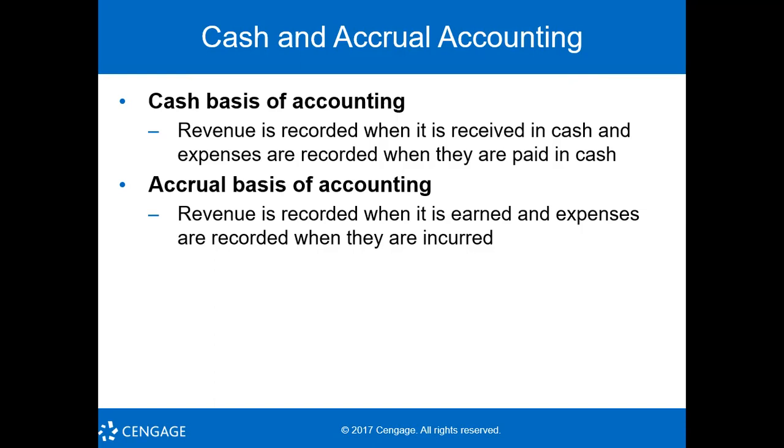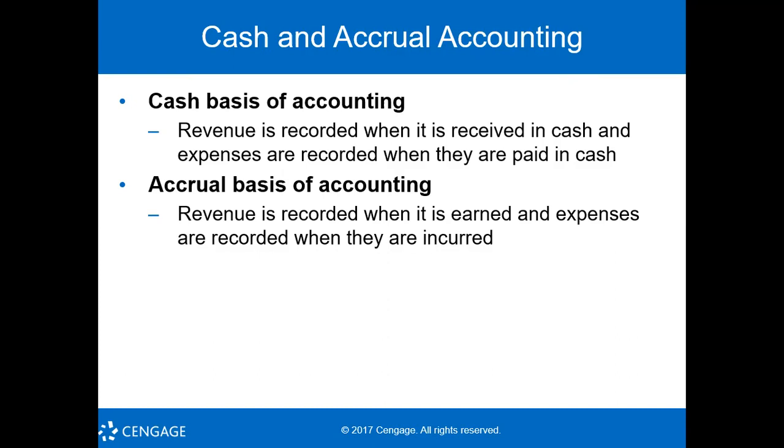And so basically, under the accrual basis of accounting, we have the expense recognition principle, or the matching principle that we talked about in chapter 4. And then we have the revenue recognition principle, which says that revenue is recorded when it's earned rather than when we receive the cash.